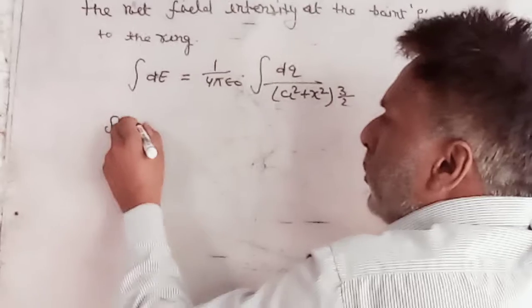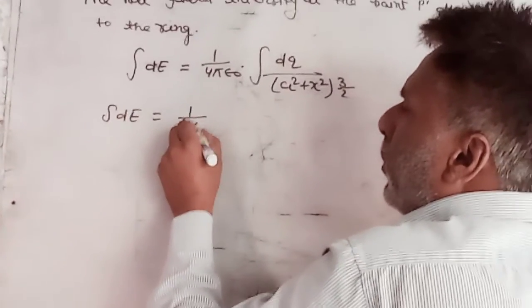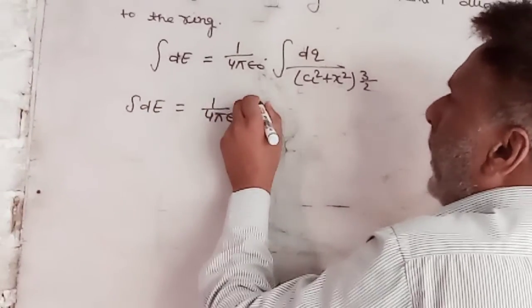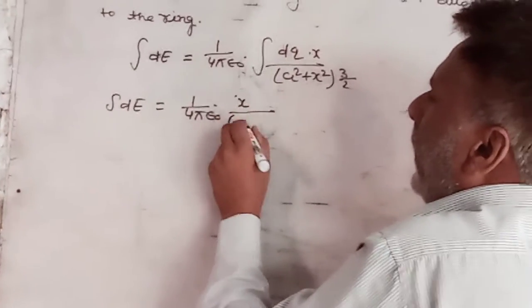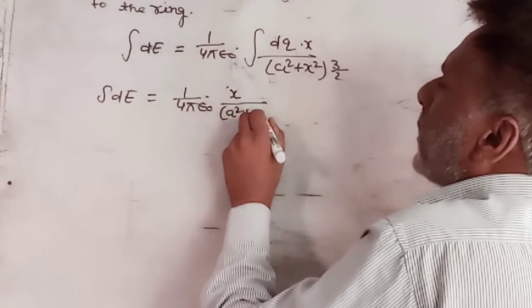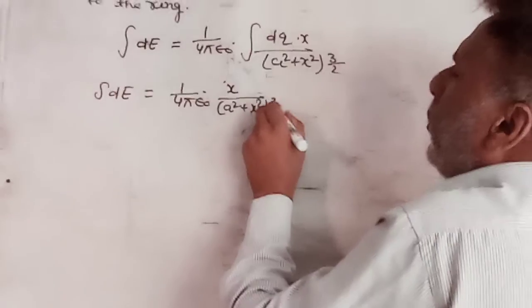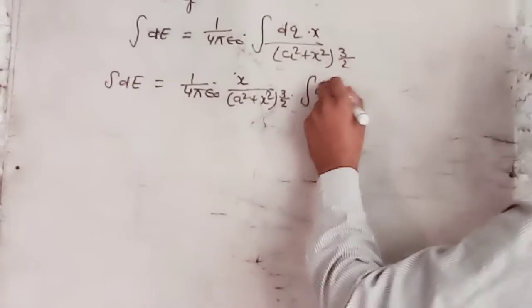Integration dE is equal to 1 upon 4 pi epsilon naught x upon a square plus x square power 3 by 2 integration dq.